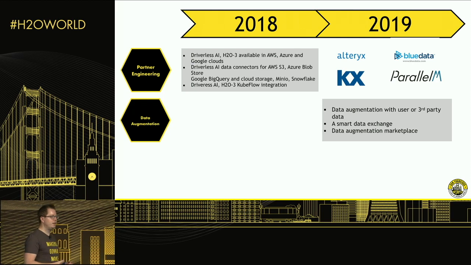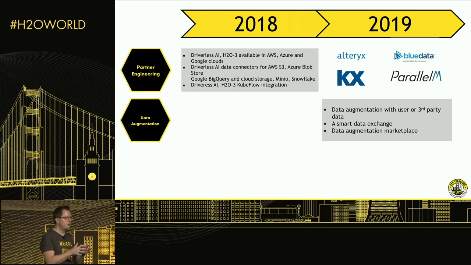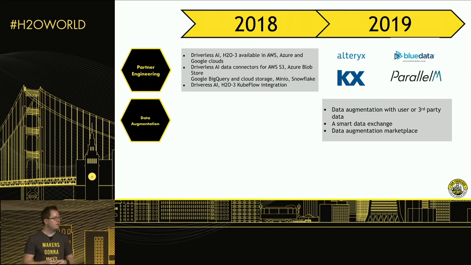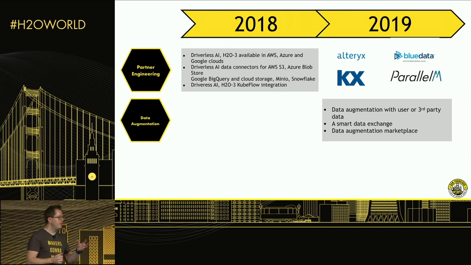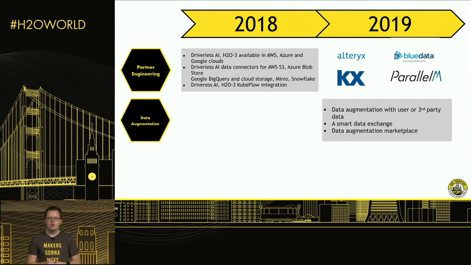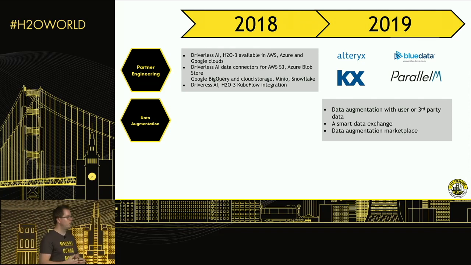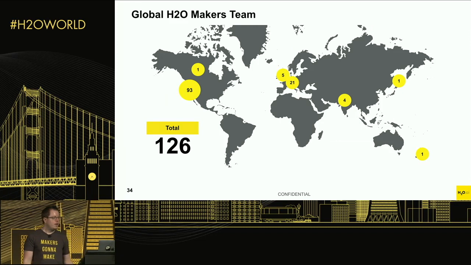The whole idea is that if we know that data are useful, it will probably be beneficial for end users to do this augmentation in an automatic way and say, okay, if you augment the data with weather data in Chicago, you will have this lift in your accuracy or in your prediction power. So this is another project which we are developing and will be integrated closely with the product.